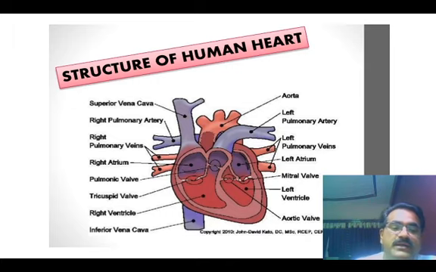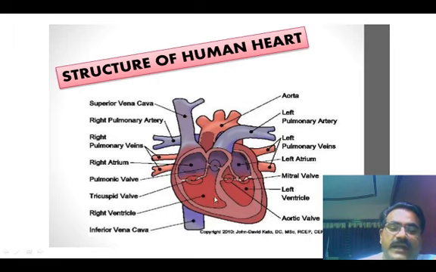Okay. Now the right pulmonary artery and left pulmonary artery transport the impure blood toward the lungs for oxygenation.